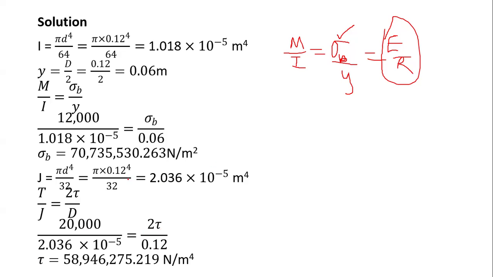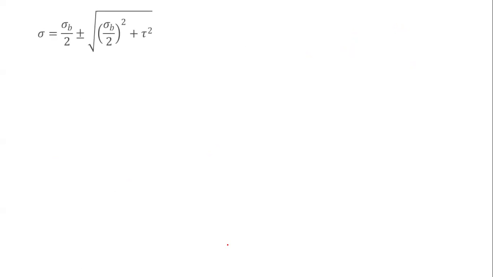So what do I have now? I have the bending stress. I also have the shear stress, meaning I'm able to use that companion equation, this one, to find stress 1 and stress 3. So with this one, I have stress is equal to bending stress over 2 plus or minus the square root of bending stress over 2 squared plus shear stress squared.